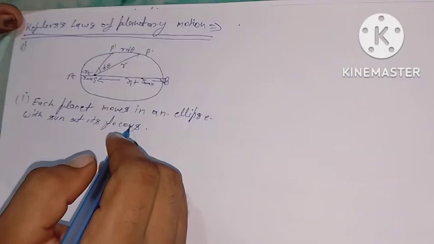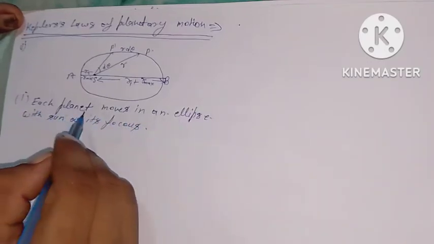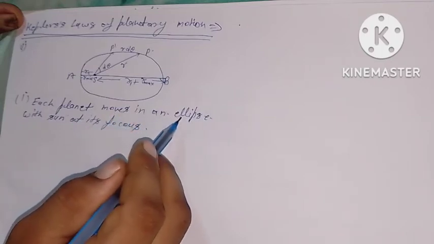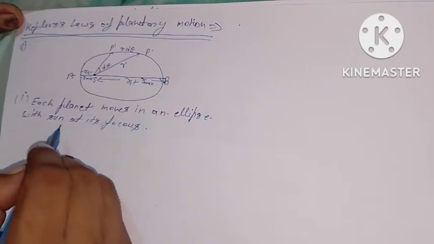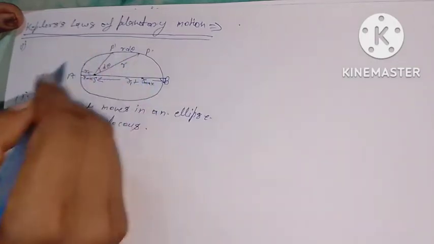First point: each planet moves in an ellipse with the sun at its focus.